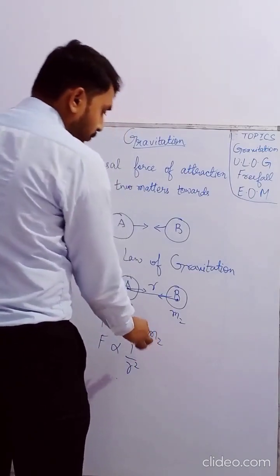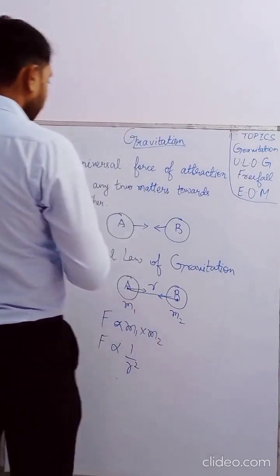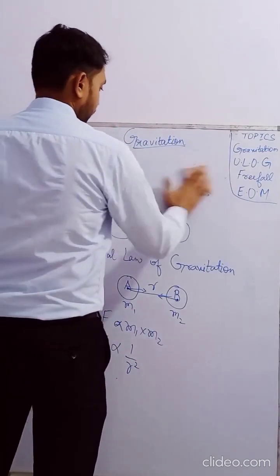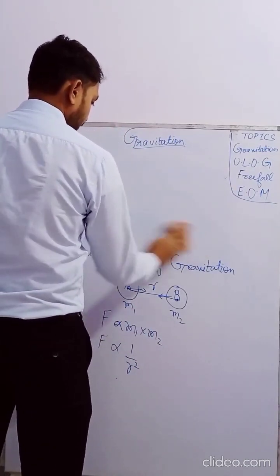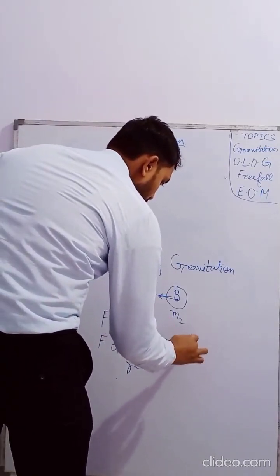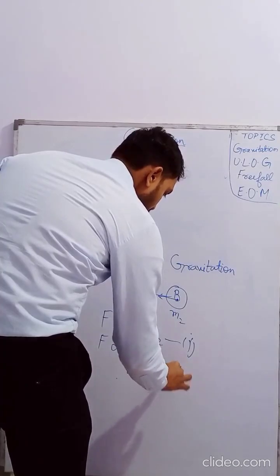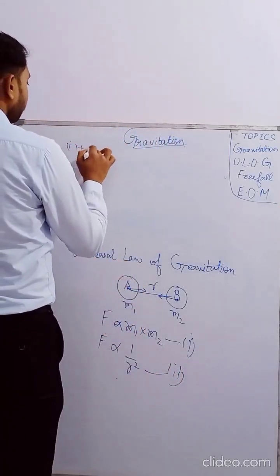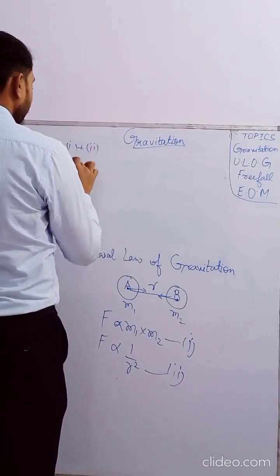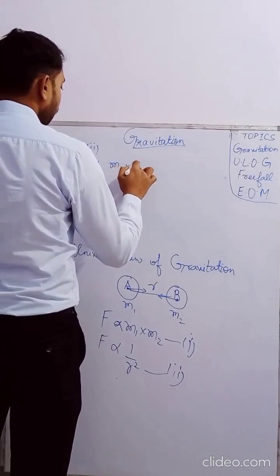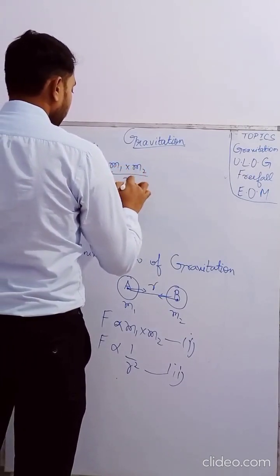Now combining these two equations, let us erase the upper one. Combining equation 1 and equation 2, we get F is directly proportional to m1 into m2 by r square.